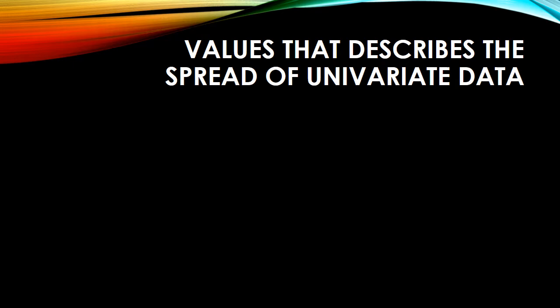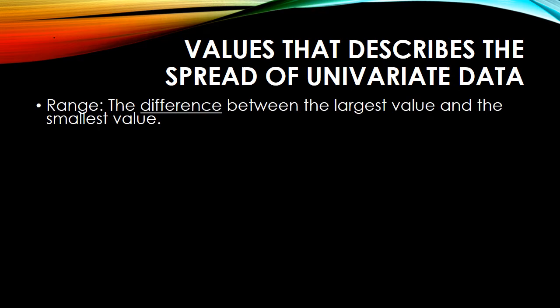Also, the two values that we're going to learn that describe the spread, or the dispersion, of the univariate data are, first, the range, which is the difference between the largest value and the smallest value. You can get the range by subtracting the minimum value from the maximum value.